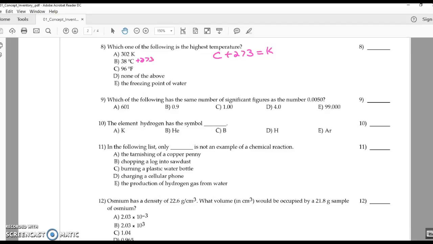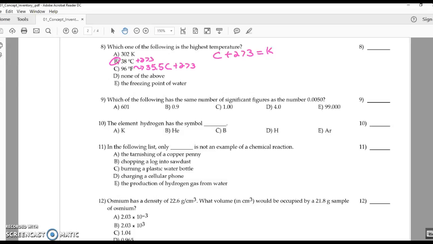Now I'm going to Google the difference between Fahrenheit and Celsius, because that's something I'm not really going to test you on, not really going to give it to you, but it's something that we need to know. The internet has those kinds of resources. It's 35.5 Celsius plus 273. That leaves us with the highest temperature being B.